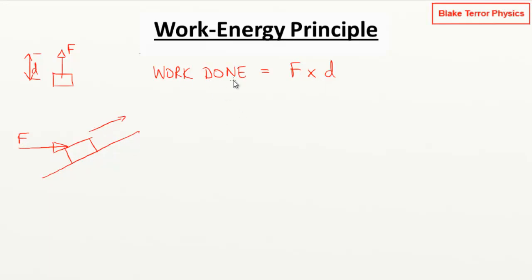So in this particular case, the work done is the component of the force that acts in the direction of motion. So if the slope is at an angle of theta to the horizontal, then the component of the force is going to be F cos theta. So our work done is going to be F times D cos theta.